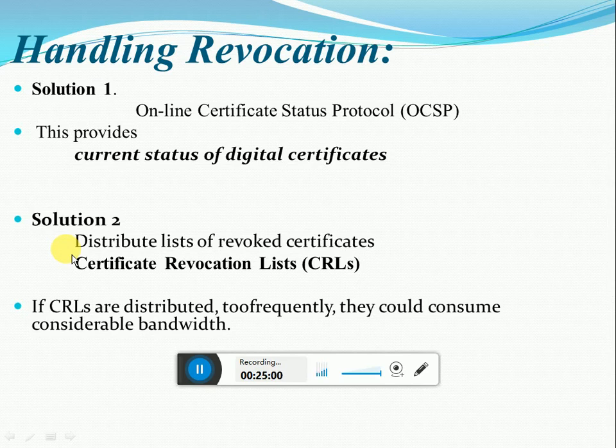If CRLs are distributed too frequently, they could consume considerable bandwidth. On the other hand, if they are distributed infrequently, the information on recently revoked certificates may not reach those who need it in a timely fashion. So we need to balance between these two.